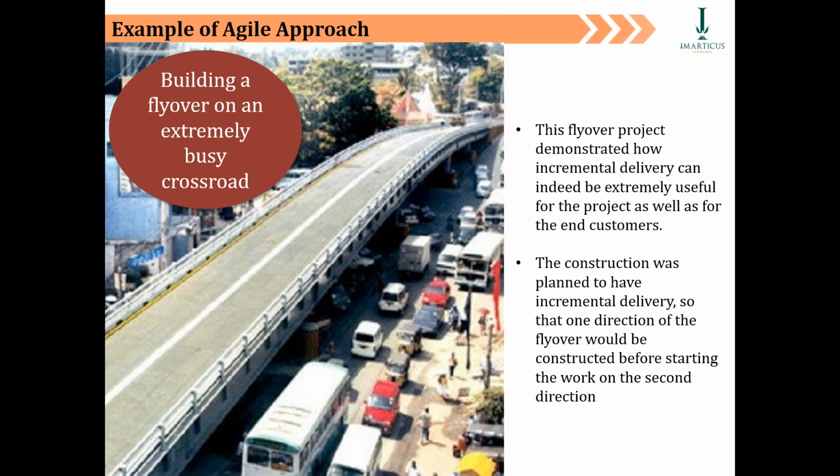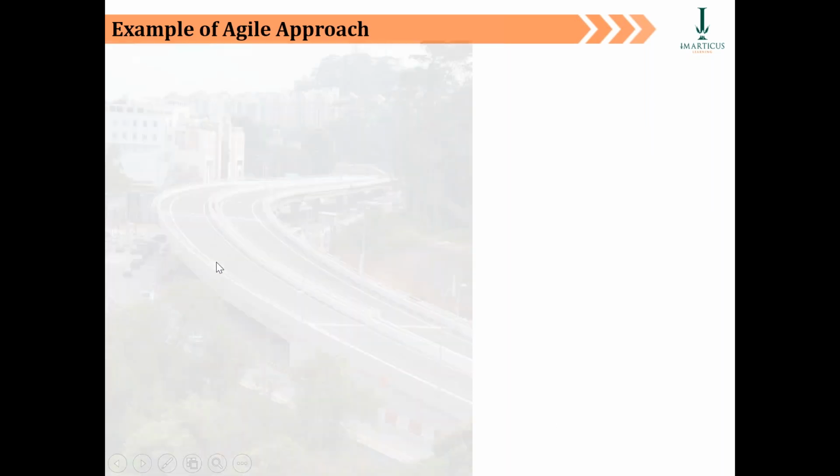Time taken, 2 years. In the agile approach, they started building the bridge for one direction of the flyover, opened it up to the public, and then started developing the other side of the road. This is how it looks.